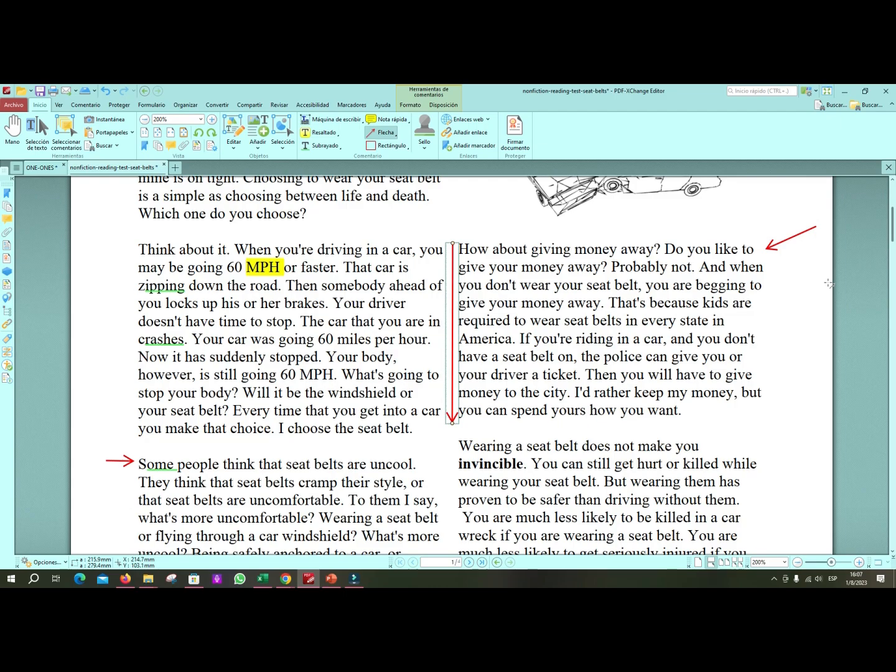How about giving money away? Do you like to give your money away? Probably not. You don't care to pay extra bills.